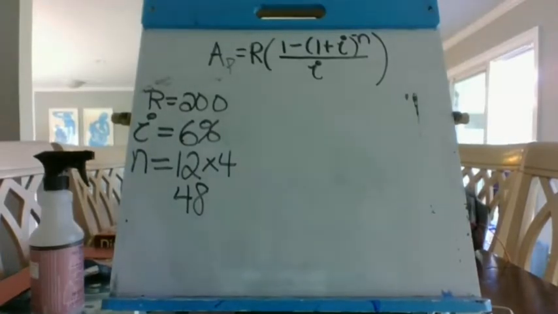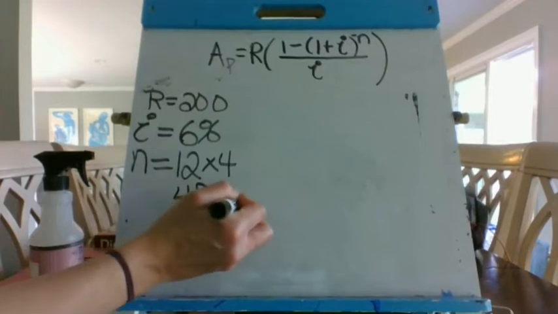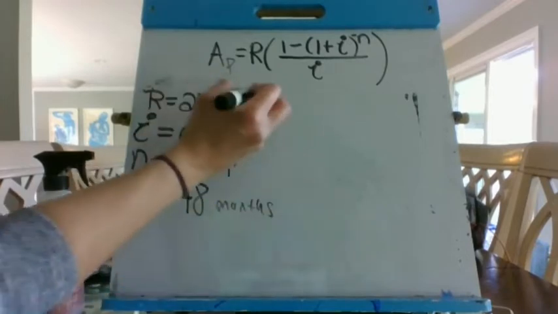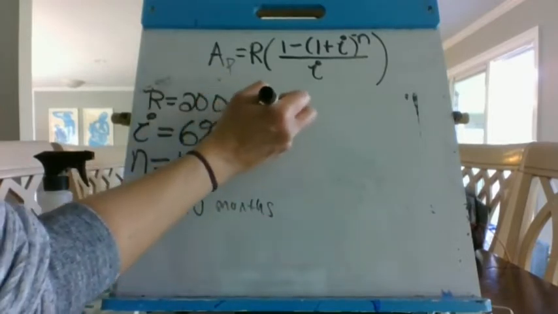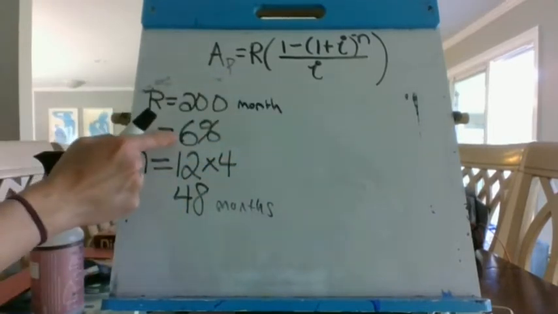Okay, now as we begin entering this information, we have to be careful, because she plans to take out a loan at 6% per year. That is not per month, and her payments are made monthly. This is monthly, this is 48 months, this is $200 a month. So you have to be careful, because this is not per month.